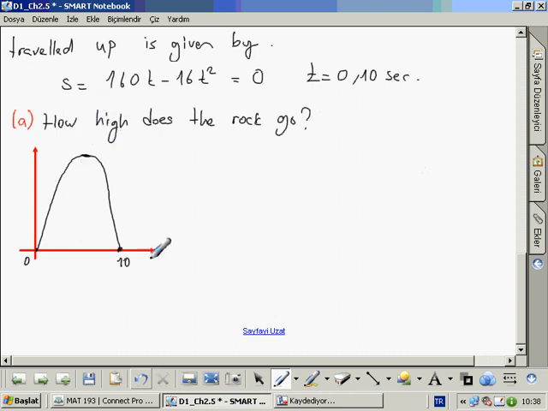We will find it, t, and that's the S. This point is S maximum, and that means S maximum is reached when S prime equals 0. Why?